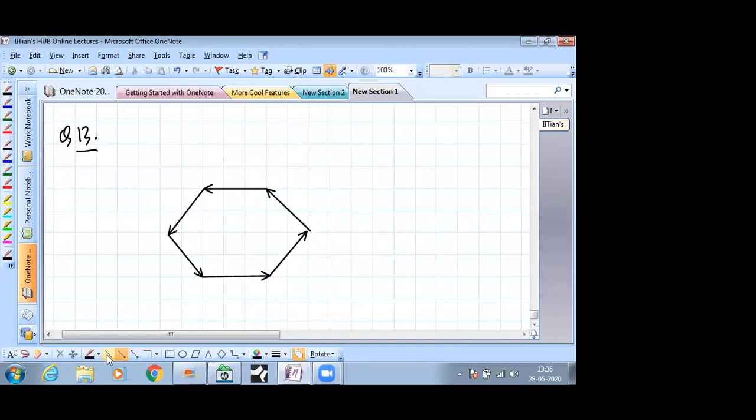So this is the rough diagram of a hexagon.